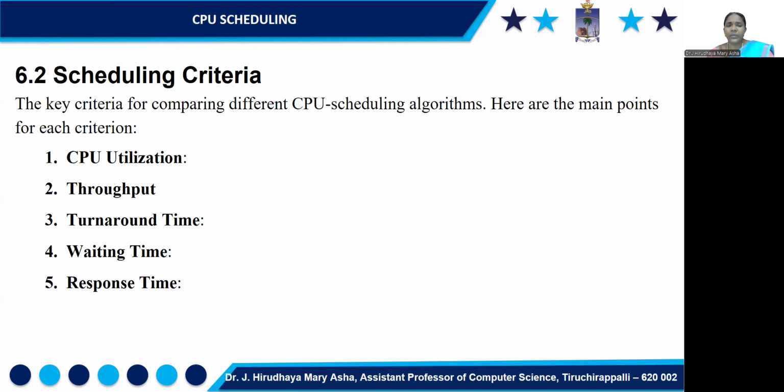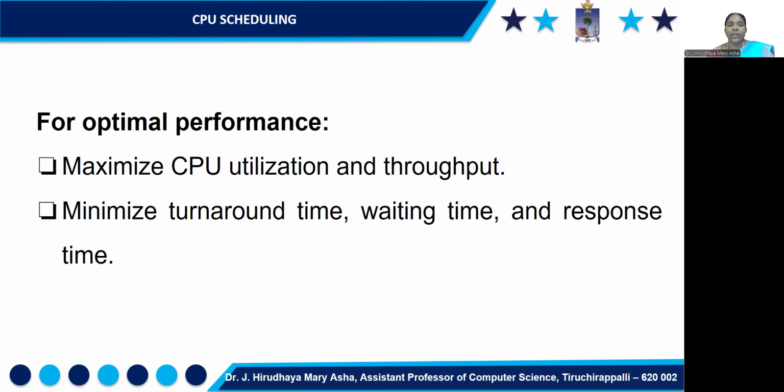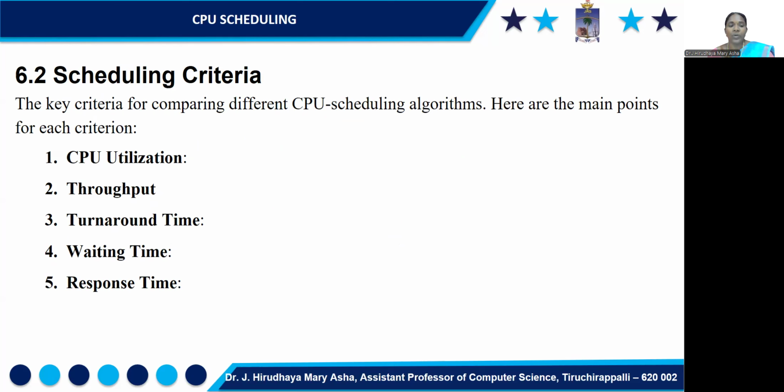Here, there are some criteria to be followed while scheduling the CPU. They are the CPU utilization, throughput, turnaround time, waiting time, and the response time. For optimal performance of the CPU, some criteria should be noted while allocating the CPU to a process, just as criteria are followed while joining a course.